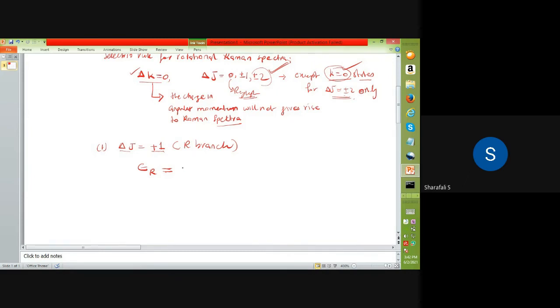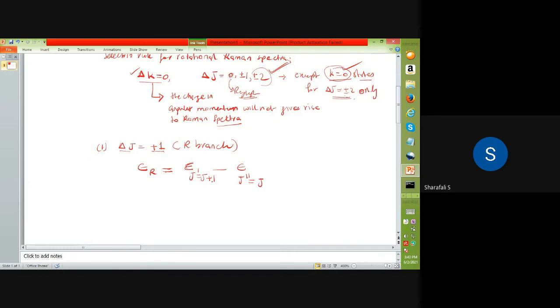So the equation will be epsilon of j' equal to j plus 1 minus epsilon of j'', because this is the lower state rotational quantum number, so this is equal to j.